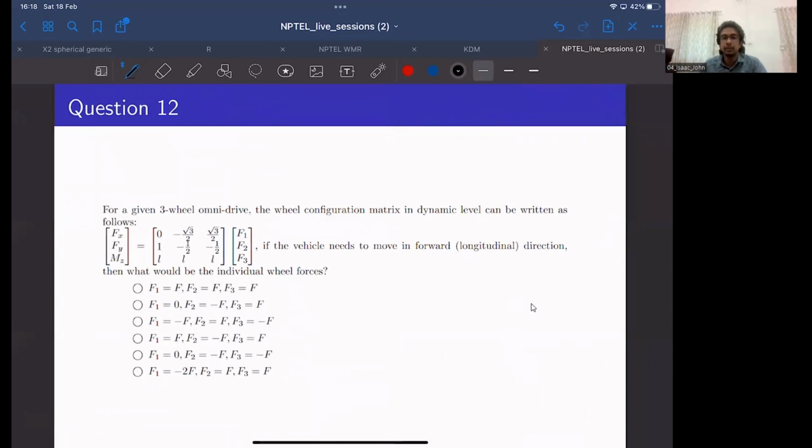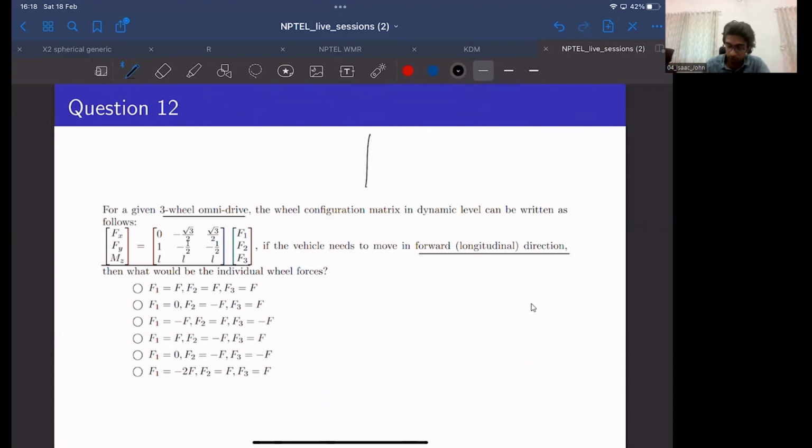So yeah, again a similar problem. Again, we have been given a wheel configuration matrix for the 3 omni wheel drive, and we are required to find out the forward motion, the longitudinal motion.